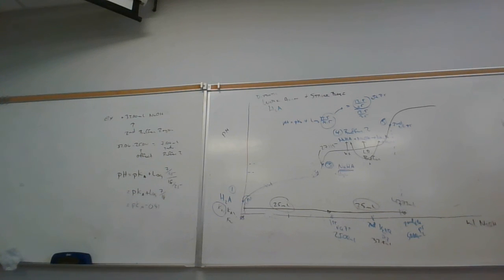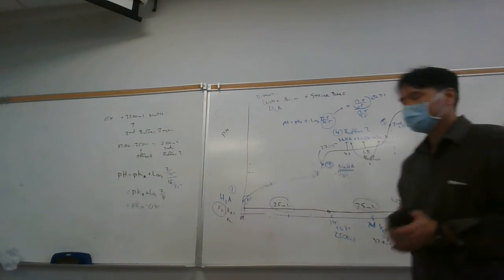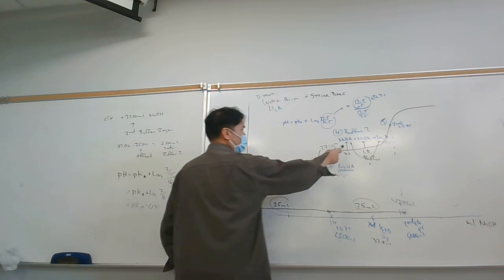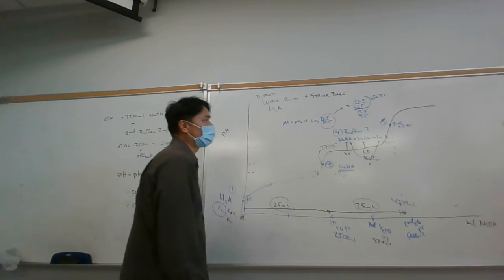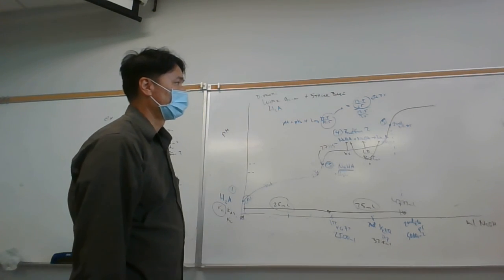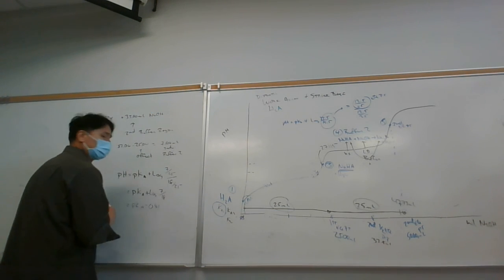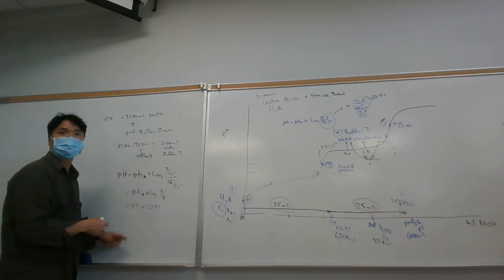So these are for oxalic. So over here, we use the pKa for hydrogen oxalate and not oxalic acid. That was 4 point something. Okay?